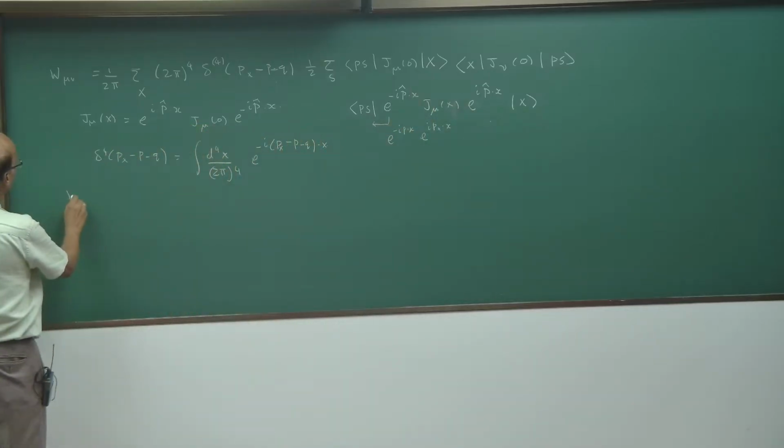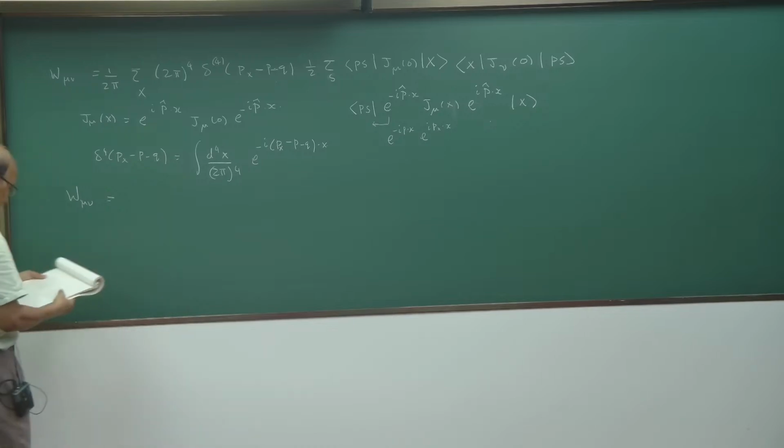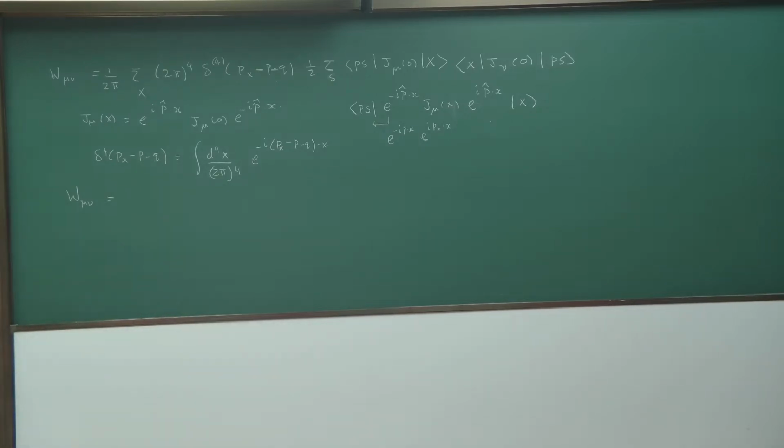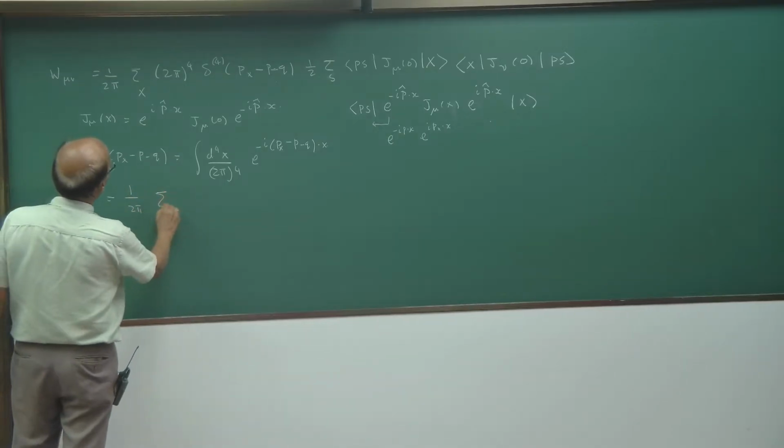So let's write down actually what I get. It's easy. I'll just work out this part. So 2 pi to the power 4 is there, the sum over X is there.